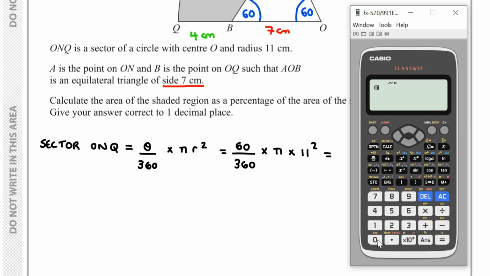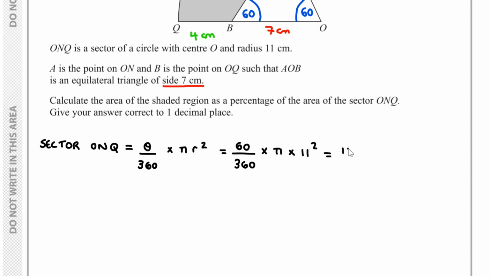So we have 60 divided by 360 times pi times 11 squared, which is 121 pi over 6. So we have 121 pi over 6 centimeters squared.